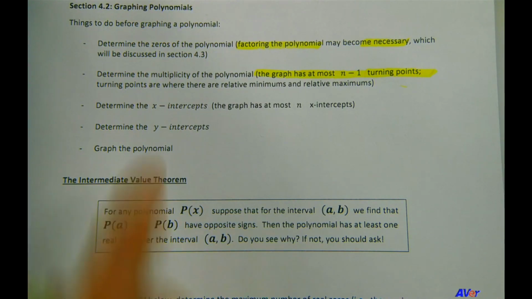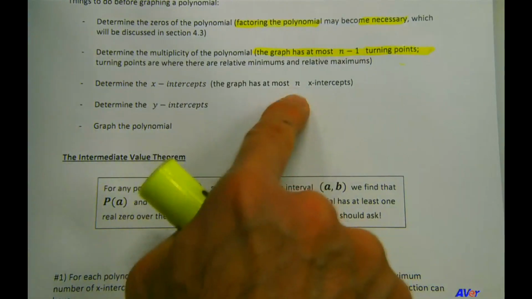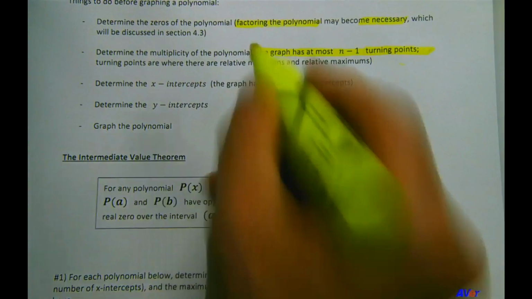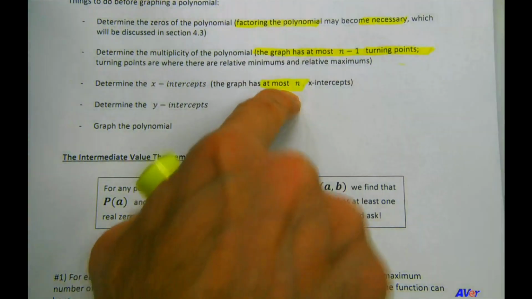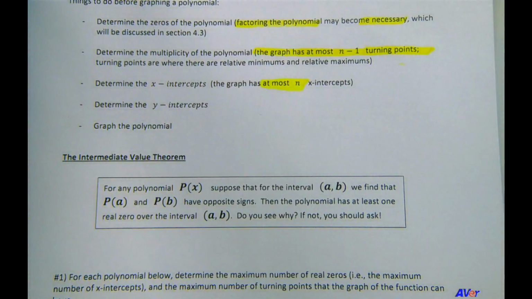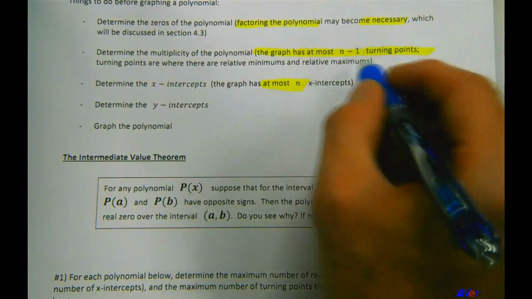Okay, so determine the x-intercepts, and these are the zeros of the polynomial, right? And the graph has at most, once again, n x-intercepts or n zeros. Again, that n refers to the degree of the polynomial. Let me make that clear because I don't think my worksheet is clear on that.